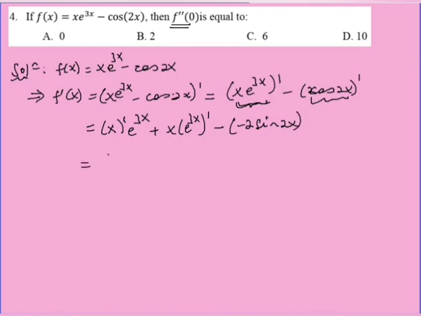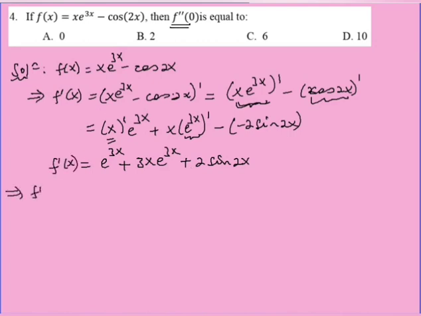So here the x derivative is 1, therefore e to the power of 3x plus x times the derivative of e to the power of 3x, which is 3 times e to the power of 3x, plus 2 times sine 2x. This is only the first derivative of f.